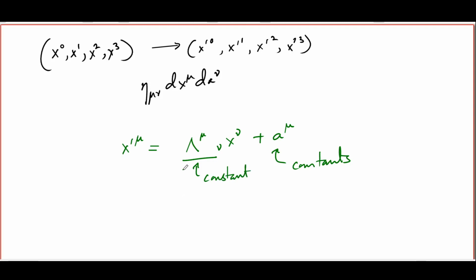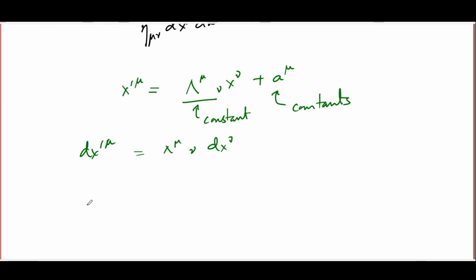That's not enough. In order that this satisfy the invariance of the interval, you must actually have an additional property, which is simply this. Notice that if this is the transformation, dx prime mu is simply lambda mu nu dx nu, and so eta mu nu dx prime mu dx prime nu is given by eta mu nu lambda mu rho dx rho.